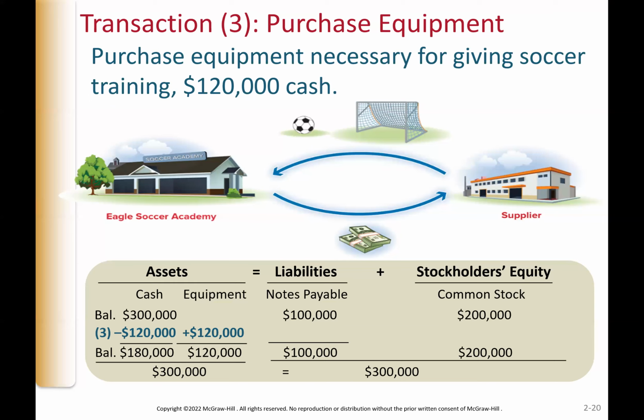So cash is an asset. Since we used it, it went down 120,000. But with that cash, we bought equipment, which is an asset. And that account equipment went up 120,000. So they're both assets. One went down, one went up.